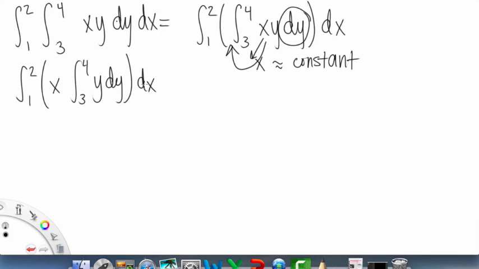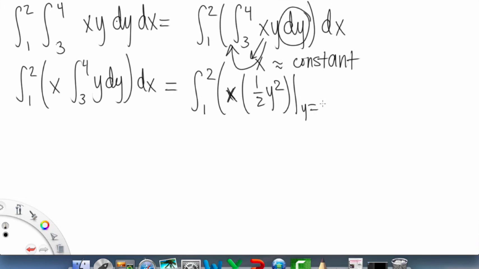Now let's just evaluate like normal. You just have to keep rewriting everything on the outside that we aren't concerned with right now. We have 1/2 y squared evaluated from y equals 3 to y equals 4, and then dx. This x over 2, we can bring outside, but I'll keep the constants inside for now, so it's not confusing.